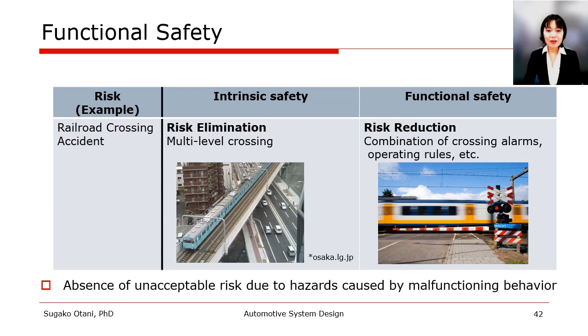In contrast, functional safety considers methods such as establishing a railway crossing to reduce the likelihood of a collision. It entails installing a barrier and alarm at the intersection of the railway and road. Although in this method, railways and roads still physically intersect, railroad crossings are installed to reduce the risk of collisions to an acceptable level. This embodies the concept of functional safety.